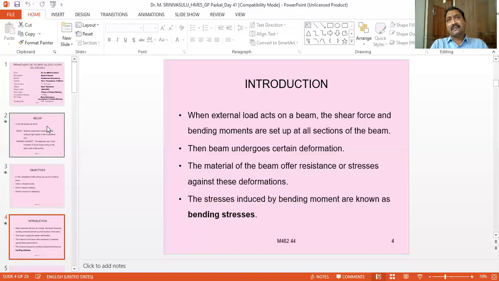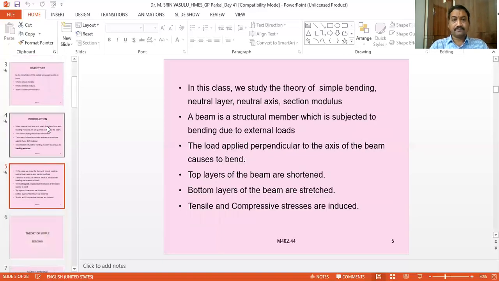So the stresses developed due to the bending moments in the beam are called the bending stresses. And here, before going on to define simple bending, we have to define the neutral axis, neutral layer, and section modulus.